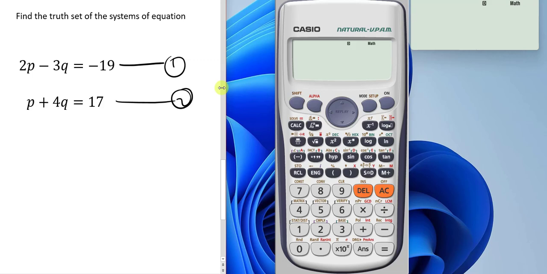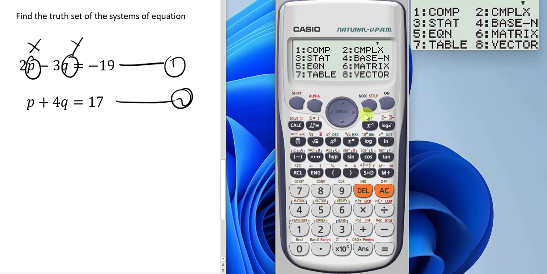In this case, the two main variables involved in the systems of equations are what? P and Q. So what we have to take note of is, P is going to be our X and the Q is going to be our Y. Take note of that. Okay, so we go to the calculator, we press the mode because we want to deal with equations.